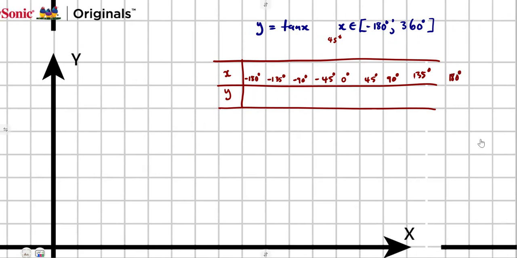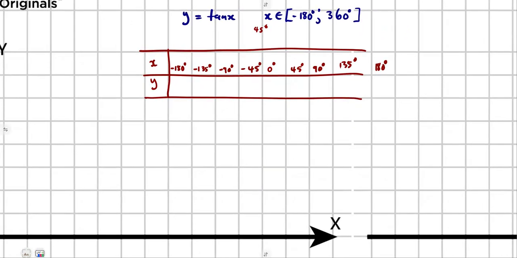That's going to be a lot of values. Let's just hope we're going to be able to consider that part on our graph there. 180, 225, 270. We add 45, that's 315, 360.